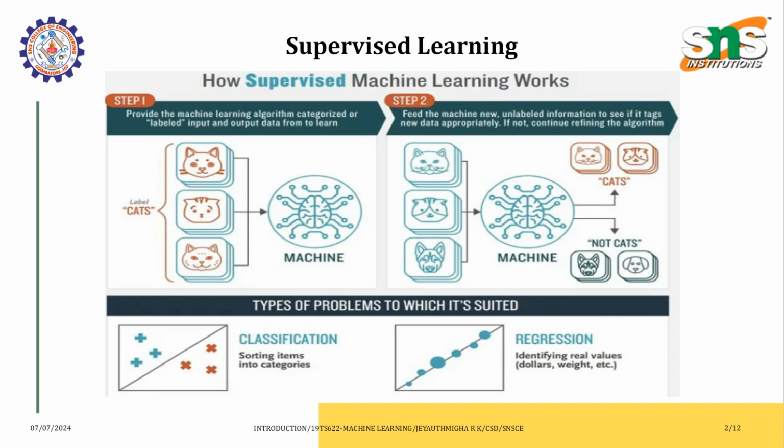If not, we continue to refine the algorithm. We again take a training data set that has categorized or labeled input, and after the machine undergoes that process, we test with the testing data set, which is unlabeled.